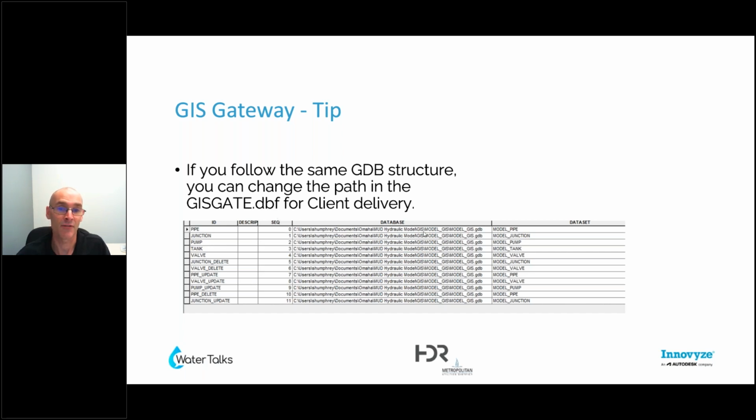If you follow the same general GIS structure in terms of the database name, the SQL queries, and the facility mapping, then all you have to do is take this GIS gateway DBF, get rid of the path pointing to your machine and replace that with the client's path, copy that all the way down, and then the next time you initialize the model, that will point to their GIS data instead of yours. So that's a good little trick to use.